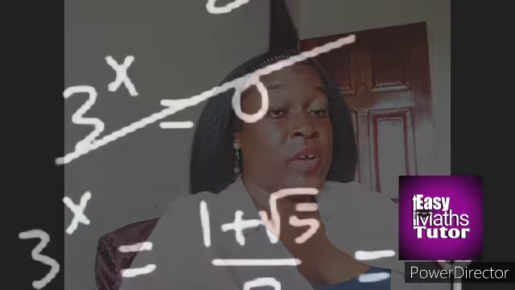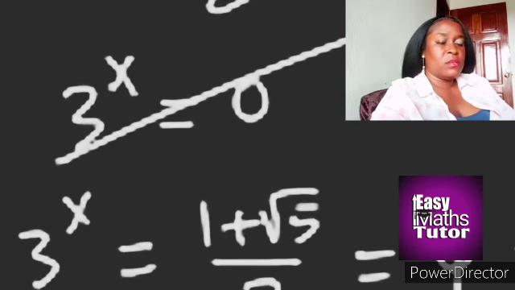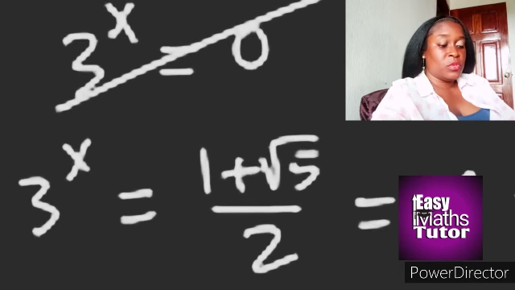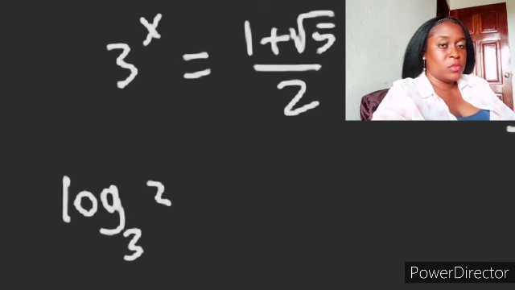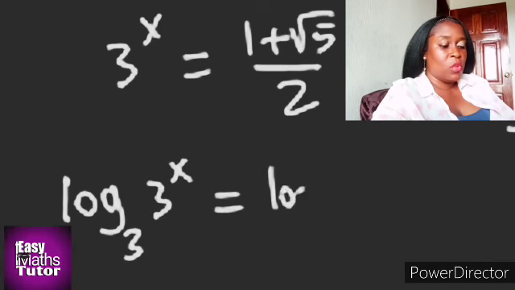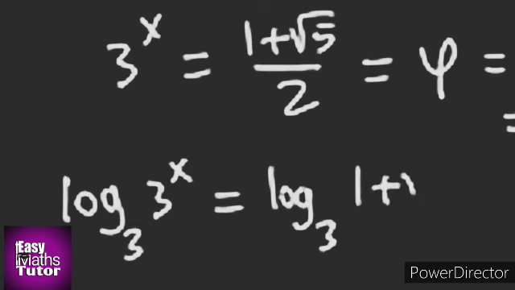first of all, we will find the log of both sides. Remember, m is equal to 3 raised to power x and also equal to 1 plus root 5 over 2. We are going to find the log to base 3 on both sides, giving us log base 3 of 3 raised to power x equal to log base 3 of 1 plus root 5 over 2.